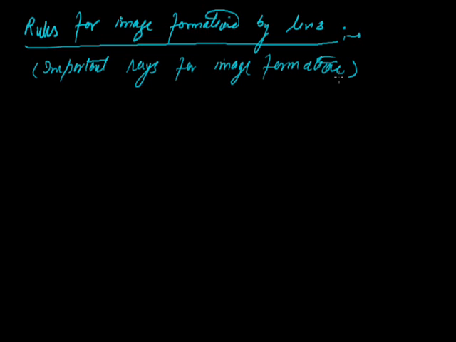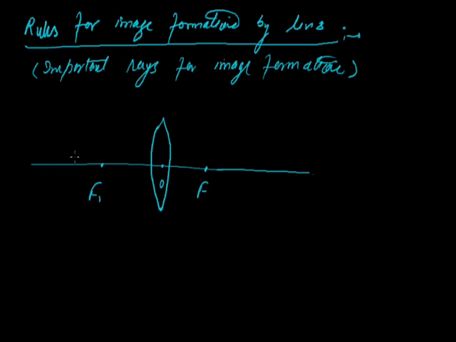There are three main important rays to form the image with the help of a lens, which may be convex or concave. Now this one is a convex lens, with this principal axis. Here will be f, the principal focus point. Here will be the first focus point. This one is the optical center.